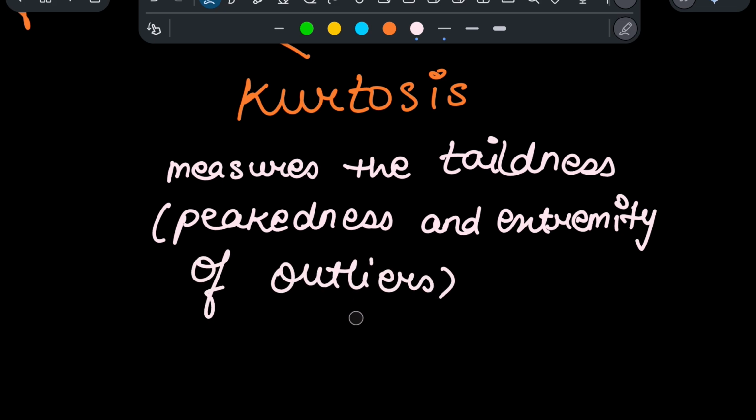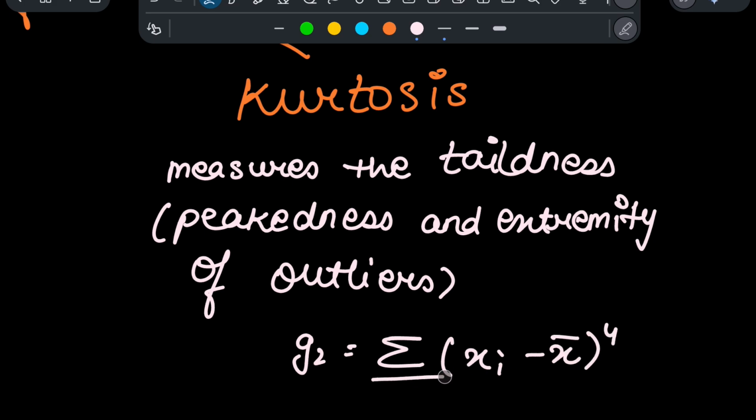Talking about the formula of kurtosis, G2 is equal to summation of xi minus mean to the power 4 divided by n minus 1 into s to the power 4. Here s is the standard deviation.